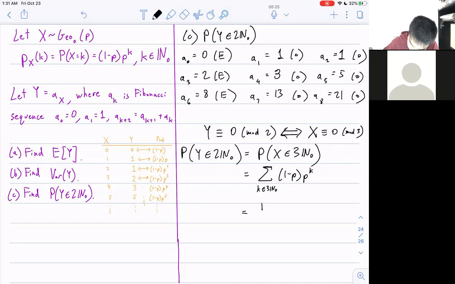So using the geometric series formula, this would be (1 minus p) over (1 minus p cubed). And this denominator, 1 minus p cubed, can be factored into (1 minus p) times (1 plus p plus p squared). So that cancels out with a 1 minus p in the numerator, which then gives us 1 over 1 plus p plus p squared.